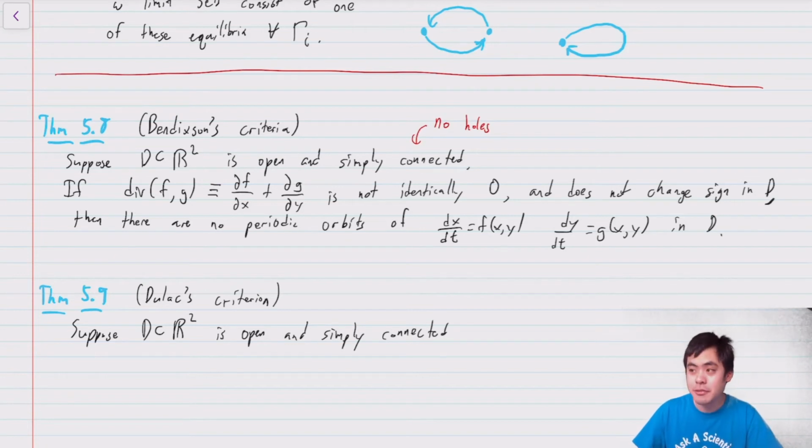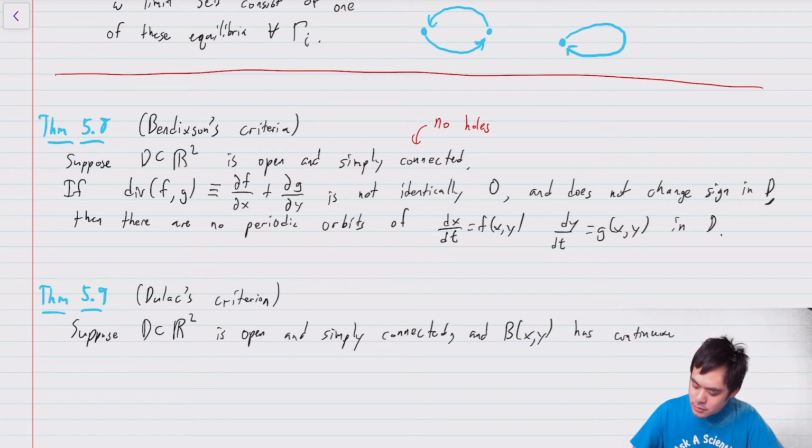Note that it doesn't have to be bounded, so it could possibly be unbounded. And we have some function b of x, y that has continuous partial derivatives in D, and this will be known as a Dulac function.